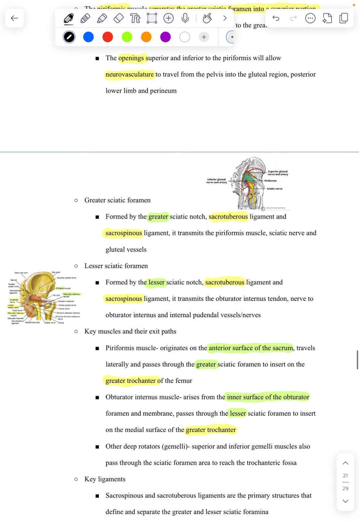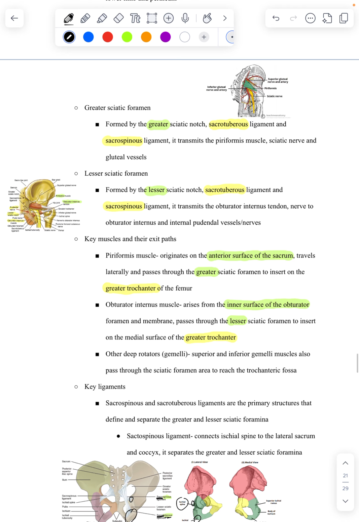The key muscles for greater and lesser sciatic foramen: piriformis is for greater. The way I remember it is, wow, that's a great performance. So piriformis, like great performance, is for your greater sciatic foramen, and then obturator is for your lesser.